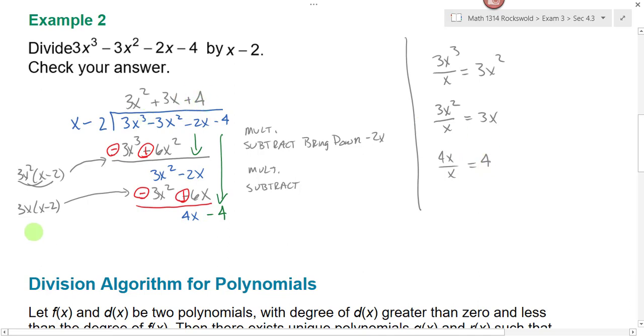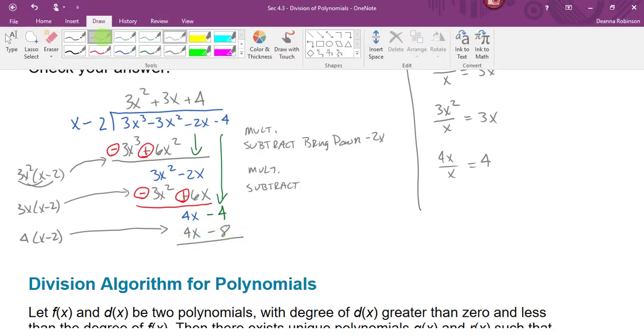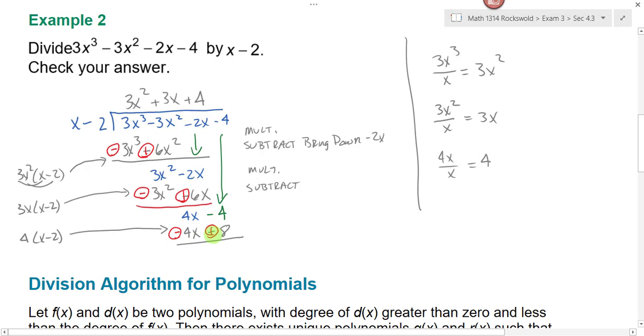Now I multiply 4 times x minus 2, and that's what I'm going to put right here, and that's going to give me 4x minus 8. Now I change my signs and I add. The 4x's are going to cancel out. Negative 4 plus 8 is 4, and this 4 is my remainder.